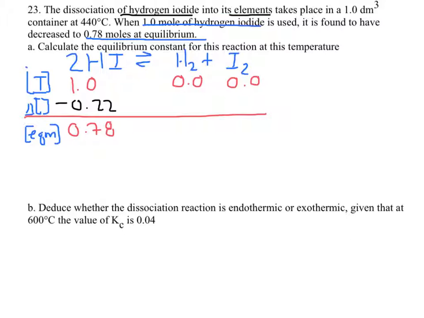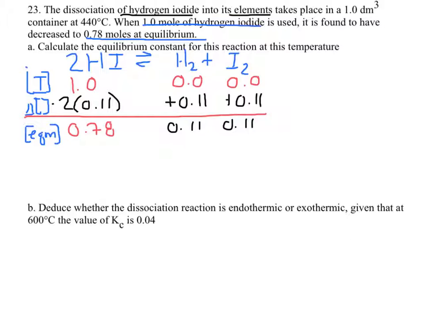Because there are 2 of them, we are losing 2 times 0.11, since the loss is 0.22. That means we are adding 0.11 plus 0.11 of each of our products to give us those equilibrium concentrations.